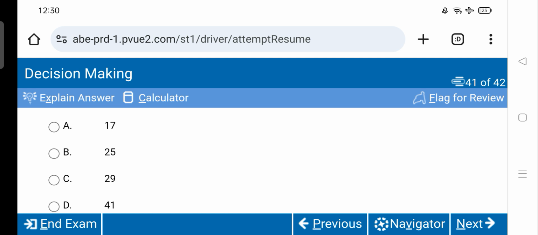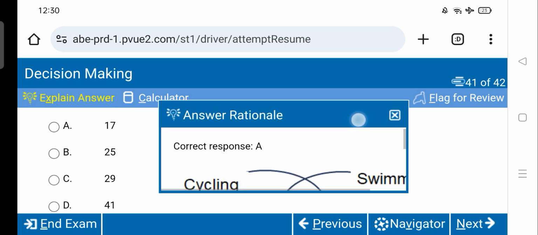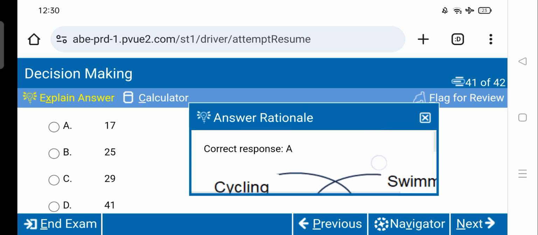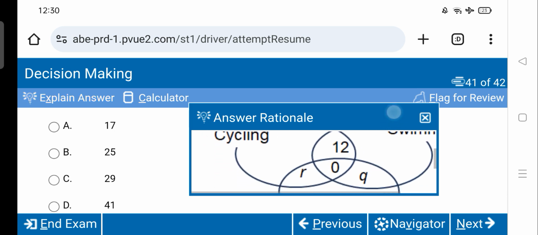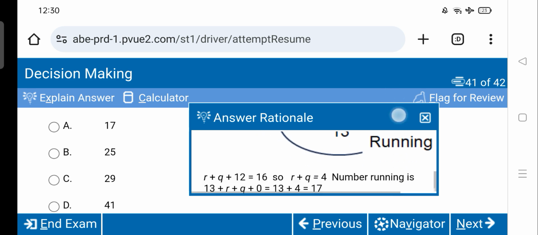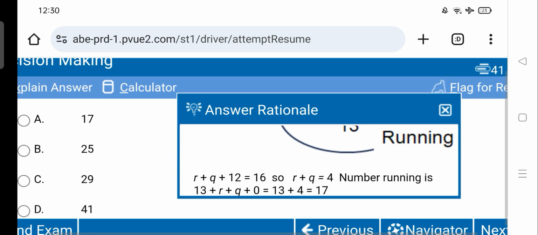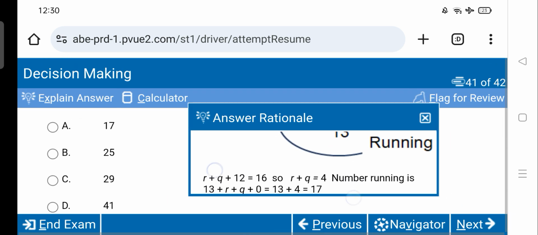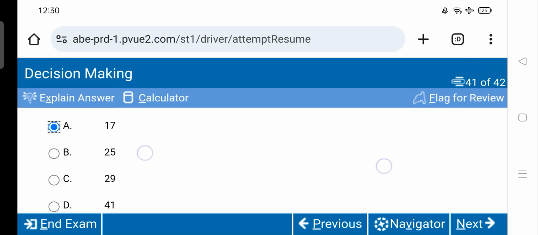Option A 17, option B 25, option C 29 and option D 41. The correct response is option A, cycling, swimming and running with these numbers. Here we have this equation by which we can conclude that it is equal to 17. So option A is the correct option.